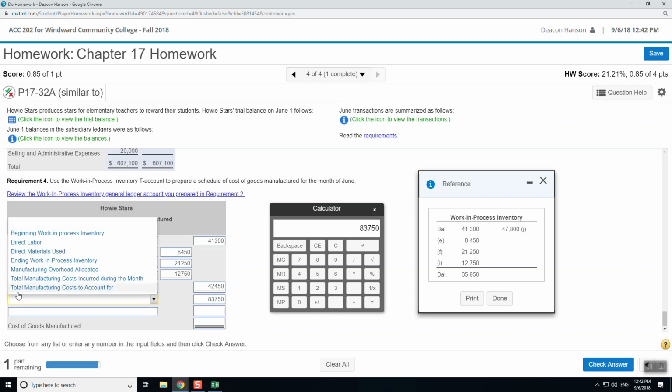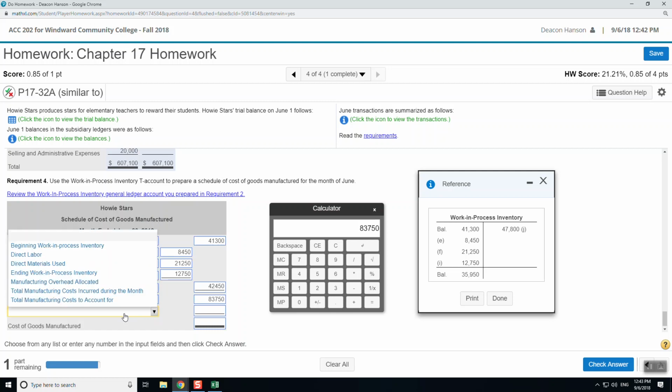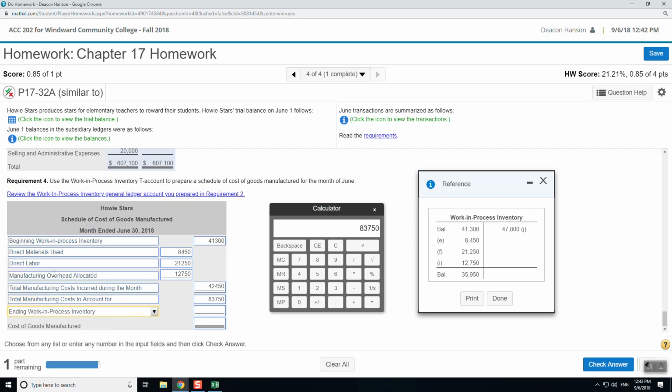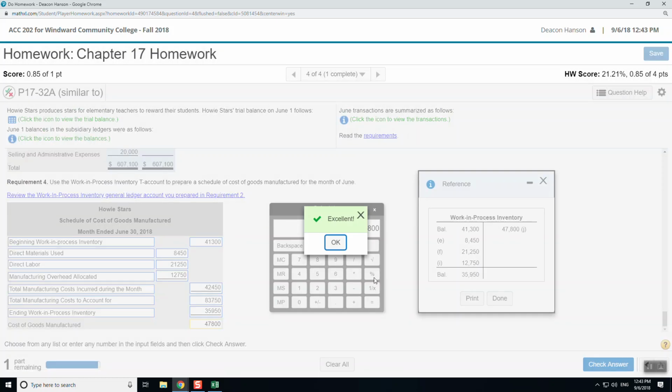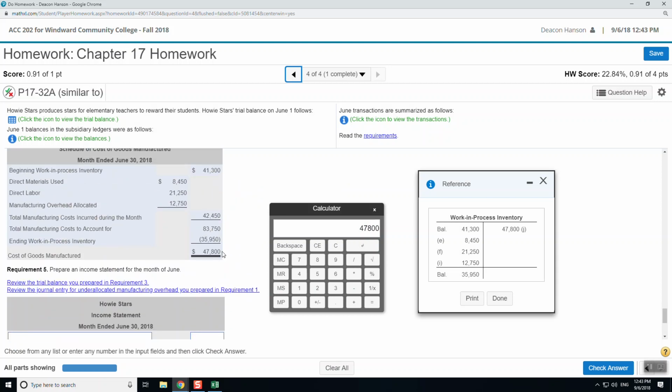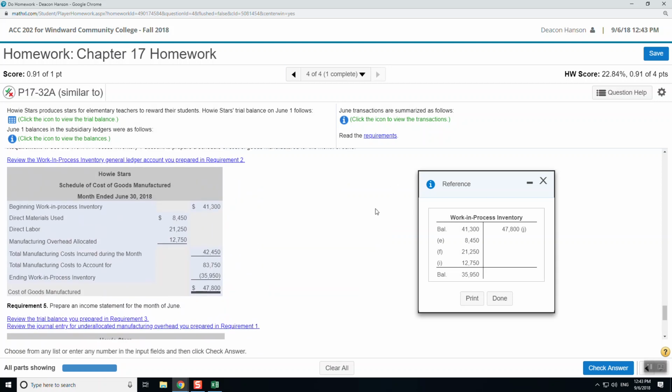Or in this case, they're calling it total cost to account for. And then what you do is you subtract the ending work in process inventory, so 35,950. And that's what we call cost of goods manufactured. I think I put a video in there on that too, on how to get cost of goods manufactured, in a more expanded version.